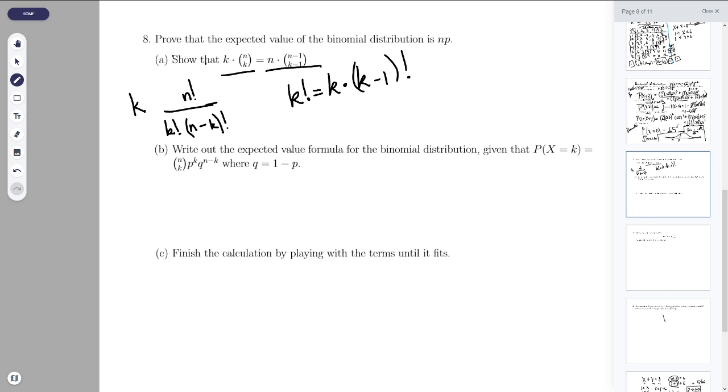And so basically what we get to do here is we can kind of pretend to cancel like this, except you can't cancel the whole thing. You're really canceling with that, so what we're going to have to do is multiply by k minus 1 factorial now. And then you ask yourself, what is n minus 1 choose k minus 1, which is n minus 1 factorial divided by k minus 1 factorial.